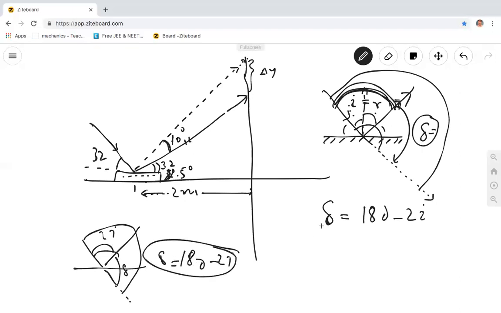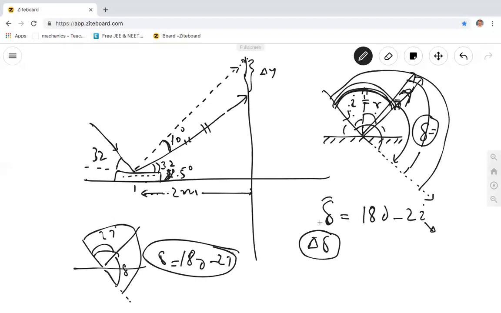Now, what is the change in deviation? The moment this reflected ray goes up, the deviation increases. It is the reflected ray which determines the deviation. So what's the change in deviation? By changing the incident ray of light, by deflecting the mirror, this i means deflecting the mirror.